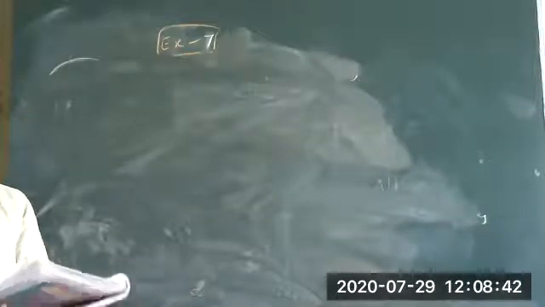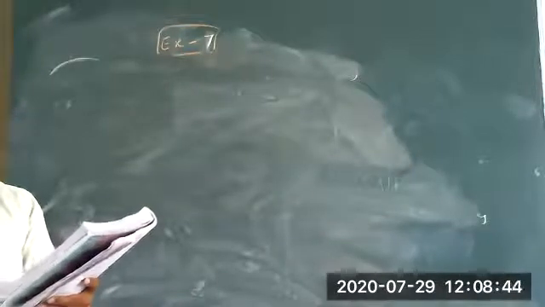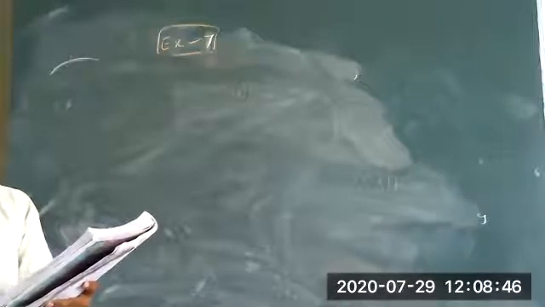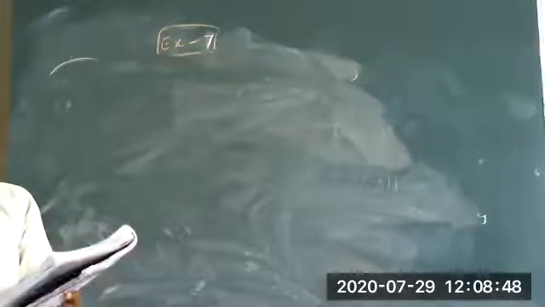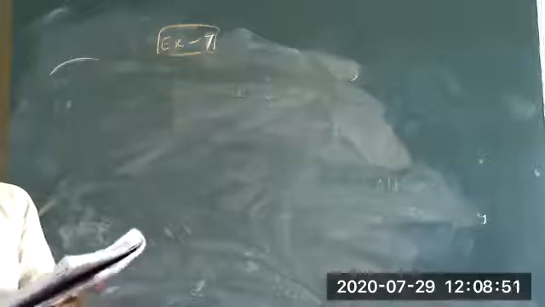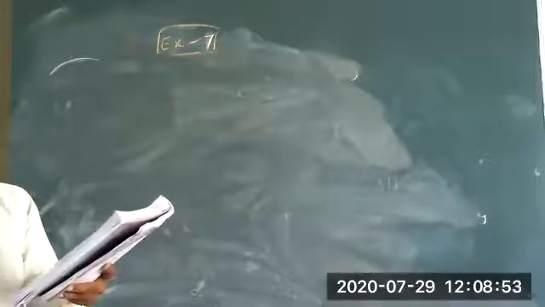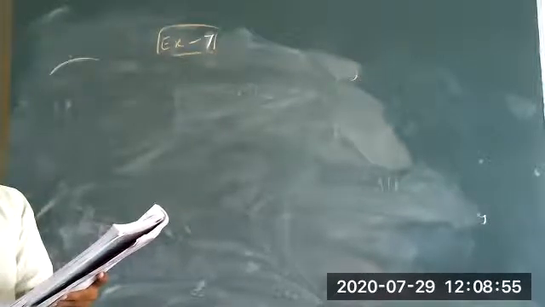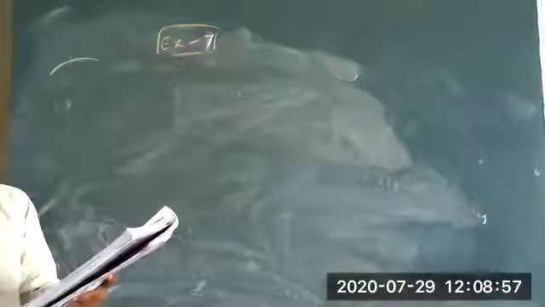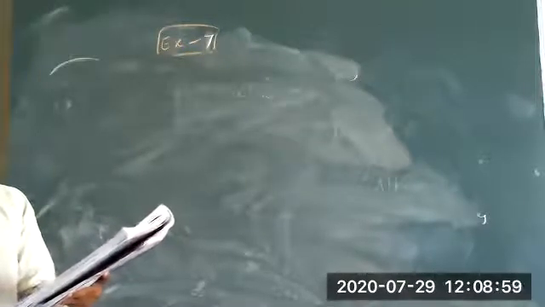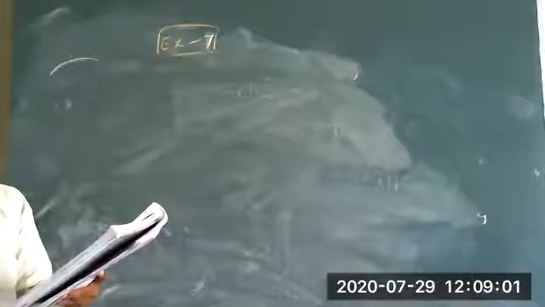Next one. If two lines intersect each other, then the number of common points they have is dash. So these two are take-home work. Next, second bit. In the adjacent figure, the lines L and M are parallel and N is a transversal. Fill in the blanks for all the situations given below.